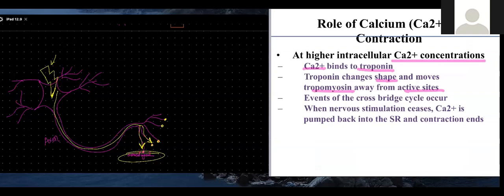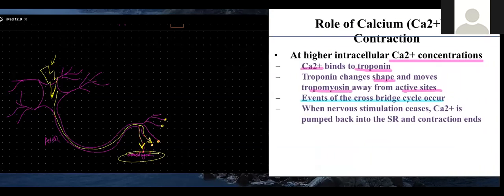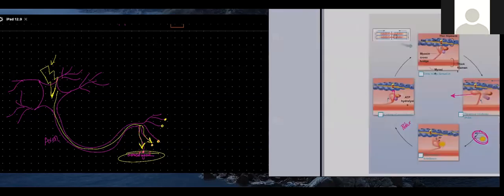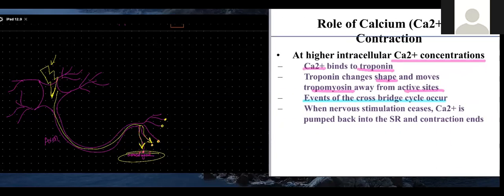Cross bridges are going to be formed, and whenever the electrical signal ends, the calcium that was released into the cytoplasm is going to be pumped back into the sarcoplasmic reticulum, and as a result, the contraction ends.